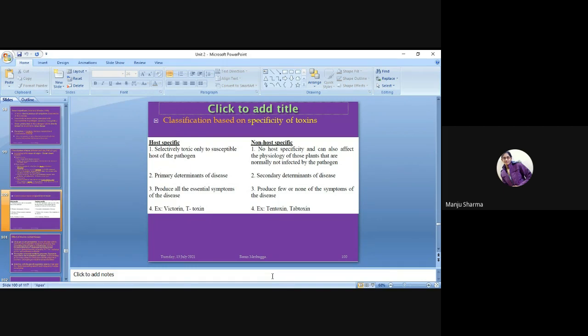For example, host specific toxins are Victorin or T toxin, and non-host specific toxins are tentoxin or tabtoxin.